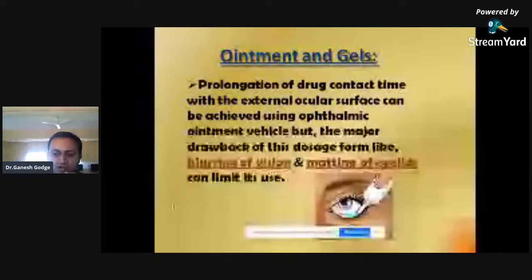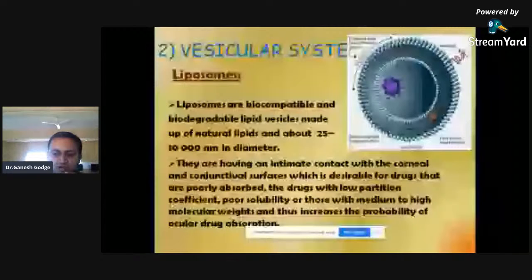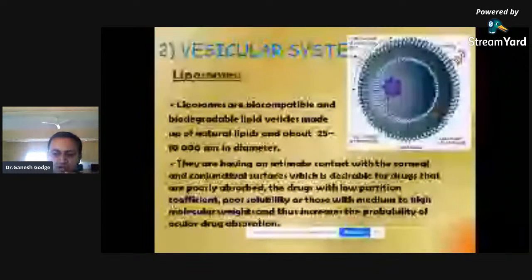They are biocompatible and biodegradable lipid vesicles made up of natural lipids and about 25 to 10,000 nanometer in diameter. They have an intimate contact with the corneal and conjunctival surface.